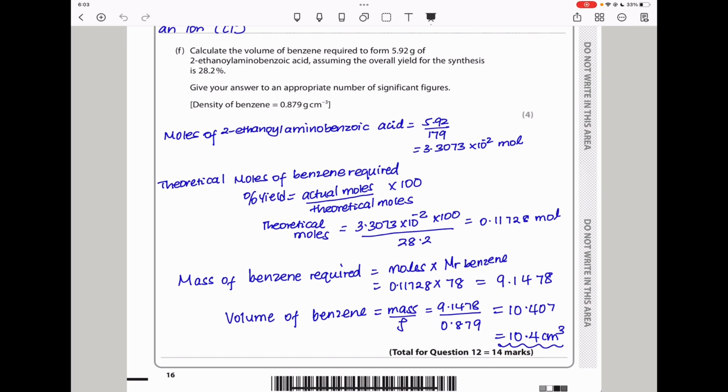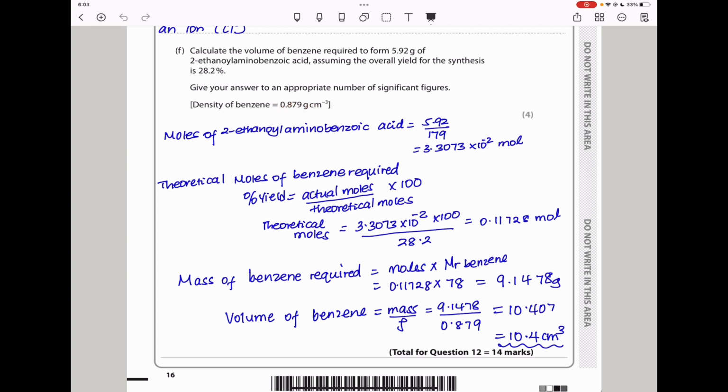Now, since I have the theoretical moles of benzene, or the moles of benzene that will be required, I can find the mass of benzene required by multiplying the moles of benzene by the molar mass of benzene. The molar mass of benzene is 78, so 78 times that gives me 9.1478. I can put grams here because this is mass. And then finally, I want to find the volume of benzene.